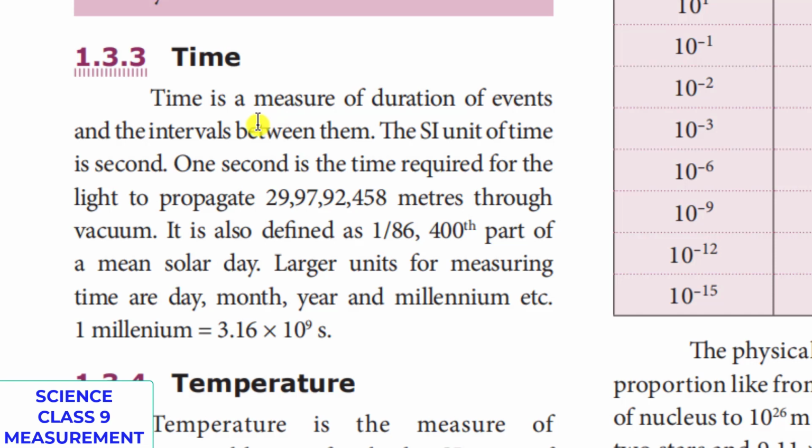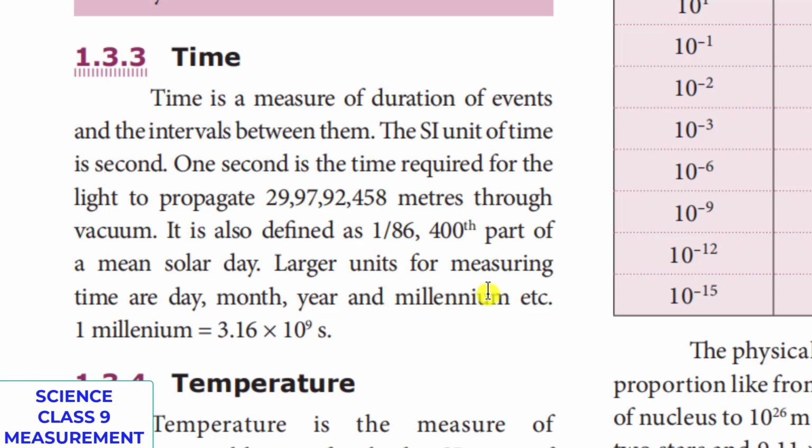1 second is the time required for light to propagate 29 crore 97 lakh 92,458 meters. Already we have seen this number, is it not? It is also defined as 1 by 86,400th part of a mean solar day.